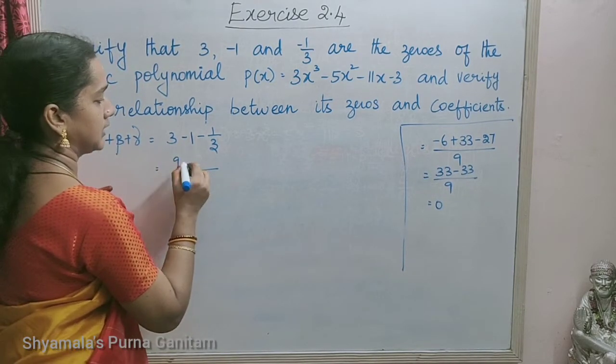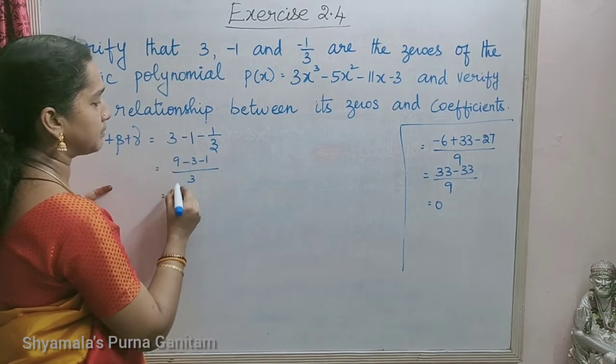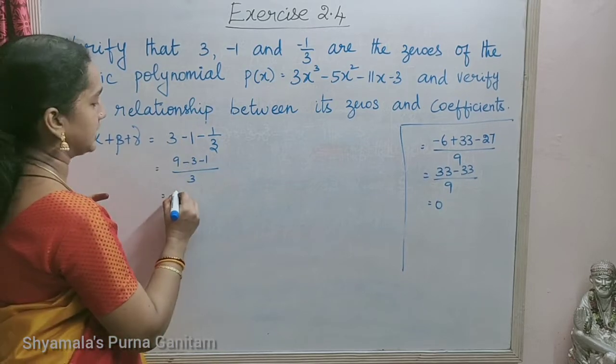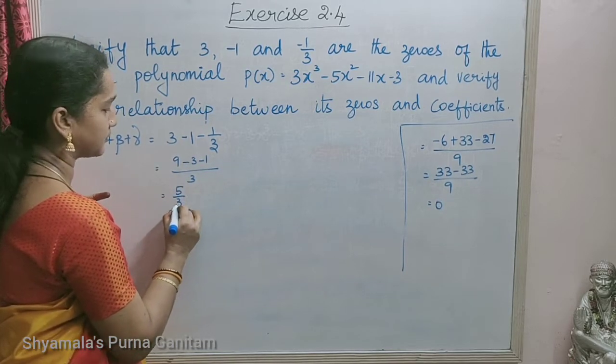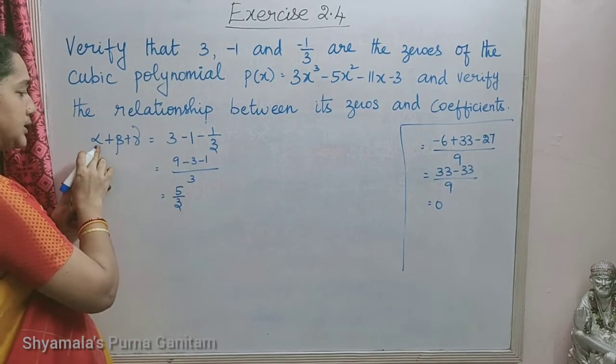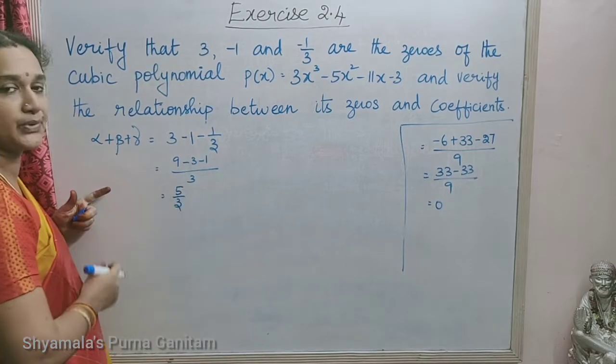So 9 minus 3 minus 1. 9 minus 3 is 6, 6 minus 1 is 5, so 5 by 3. This is the sum of the roots, alpha plus beta plus gamma. We are getting it as 5 by 3.